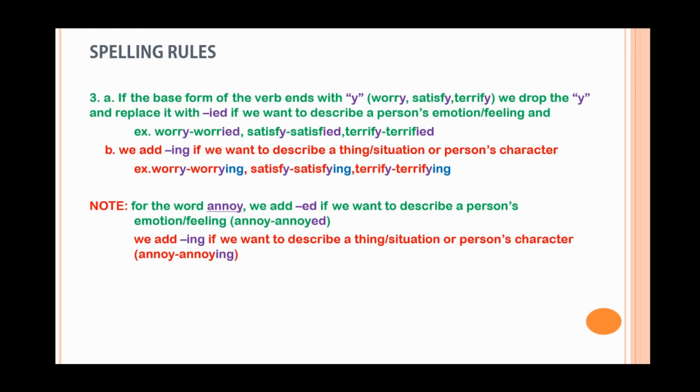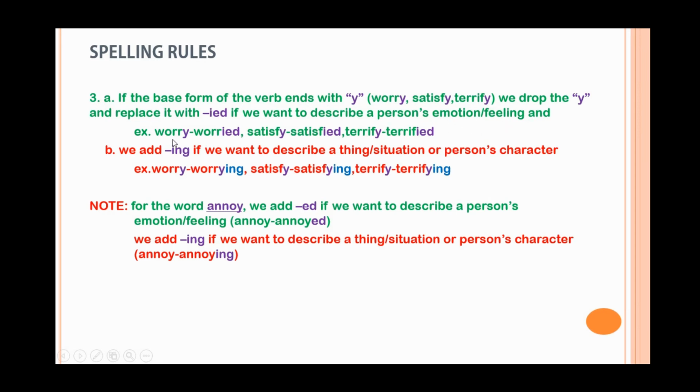For rule number 3, if the base form of the verb ends with y, for example, worry, satisfy, terrify, we drop the y and replace it with ied if we want to describe a person's emotion or feeling.